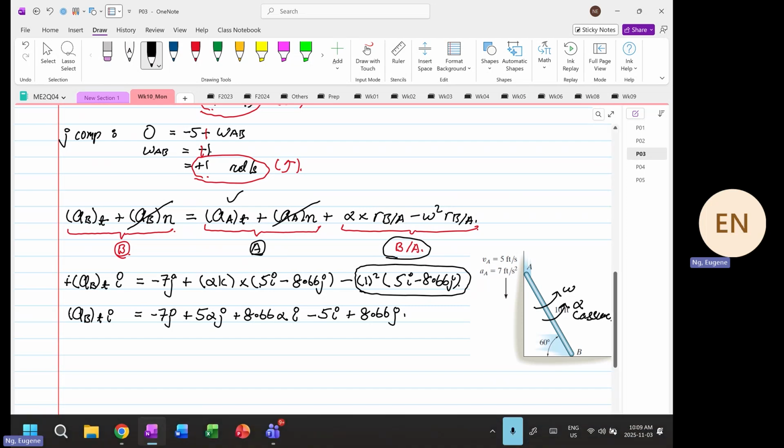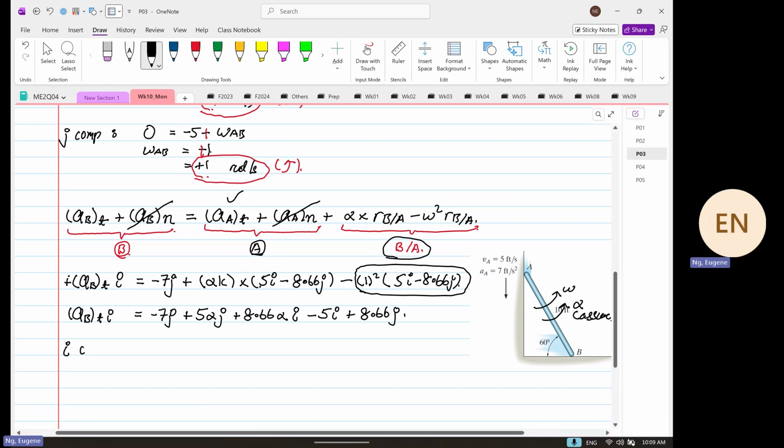Then we look at our I component. You have ABT, okay, so we have our I. So this is equal to 5 alpha, not 5.